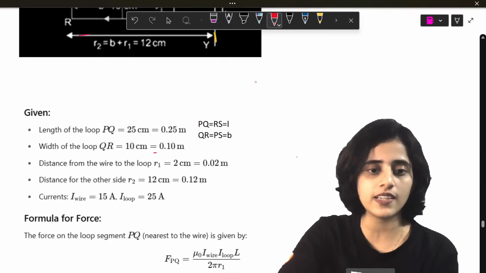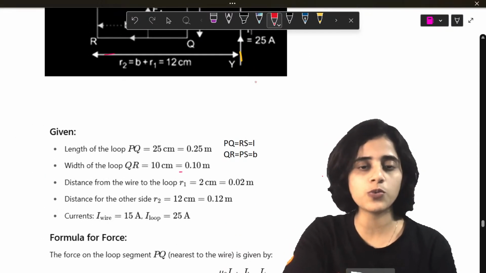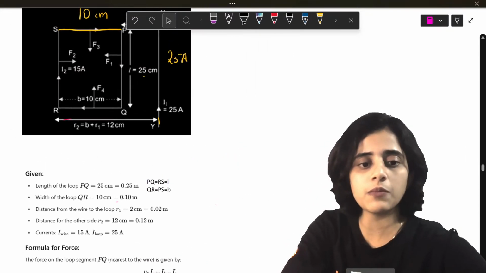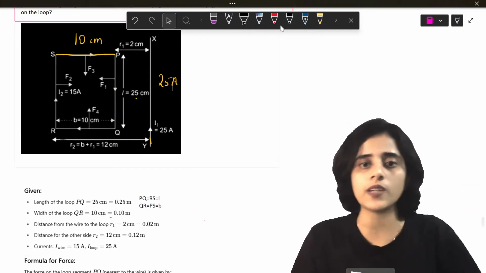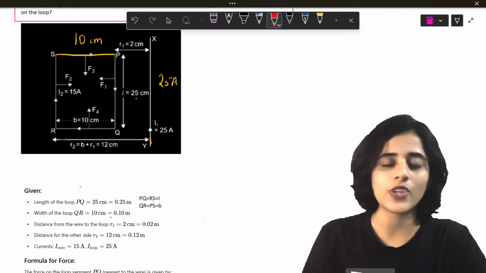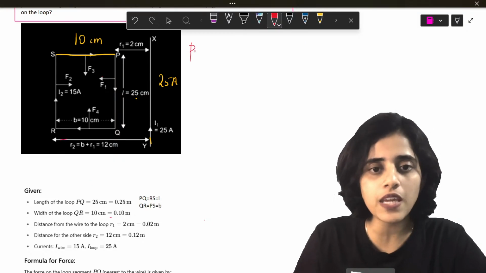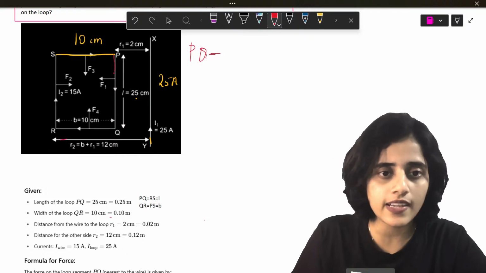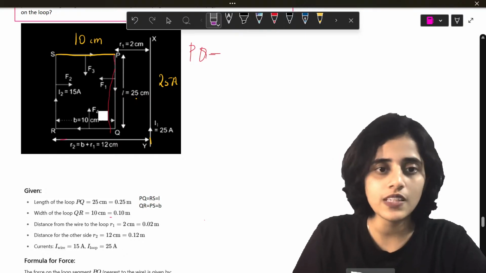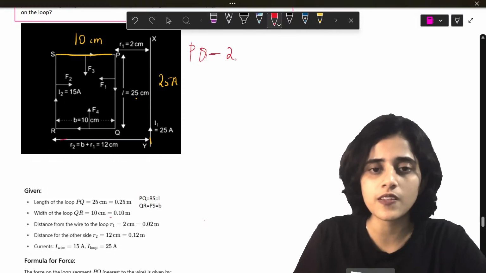So you can see here, I wanted to show you both together. Let me make it small. Can you see? The side PQ is 25 centimeter, given to us in the question.